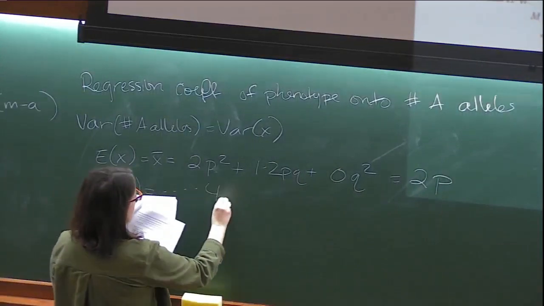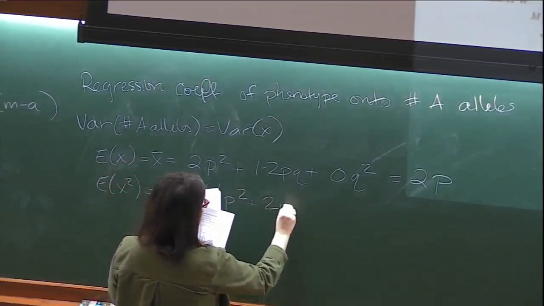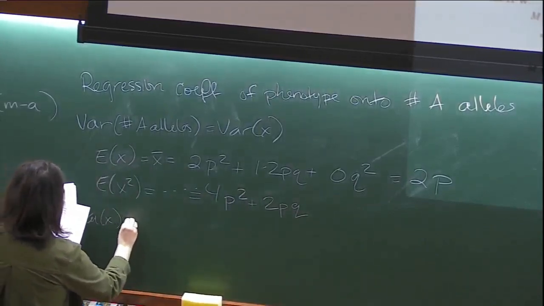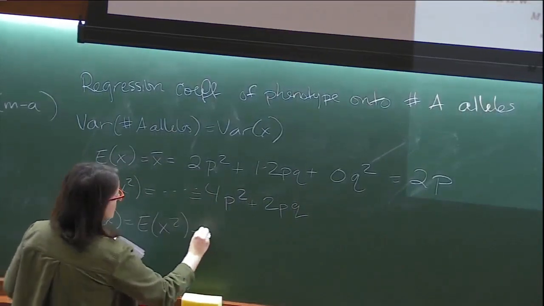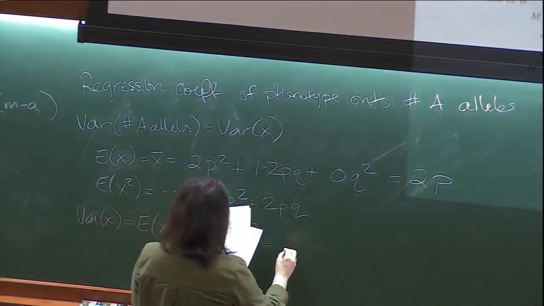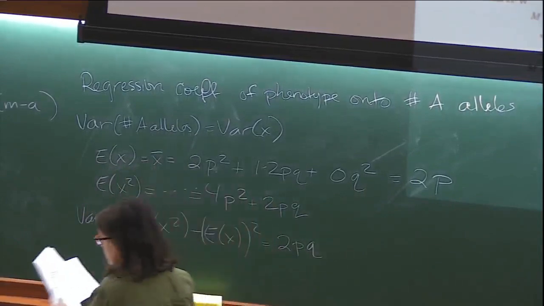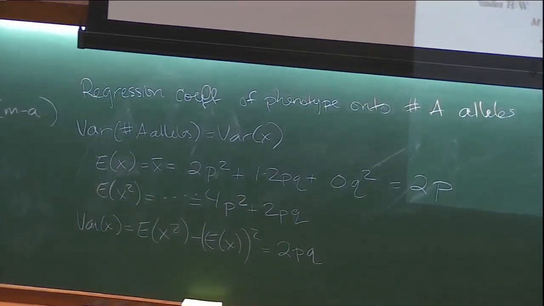This ends up being 4p squared plus 2p cubed. And finally, the variance then ends up being 2pq. It comes out a whole bunch of different ways. Okay, so that's one of the 2 things we need.